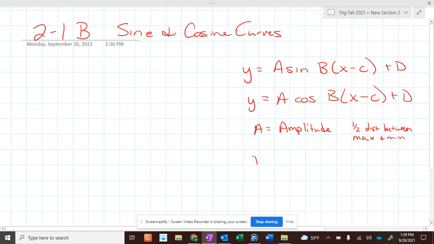B will stand for the period of the function, how long it goes until it repeats.